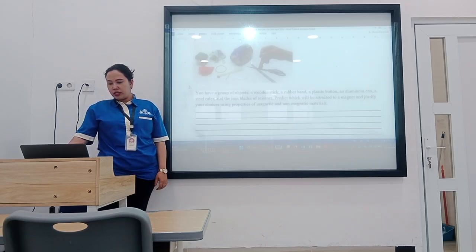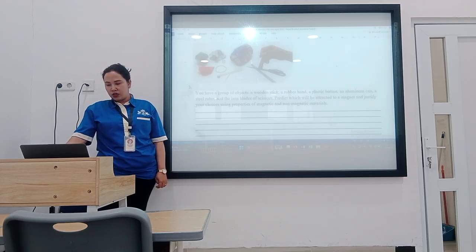So the aluminum can, steel ruler, and the iron blades of scissors will be attracted by the magnet, while the wooden stick, rubber band, and plastic button are non-magnetic, so they will not be attracted to the magnet.